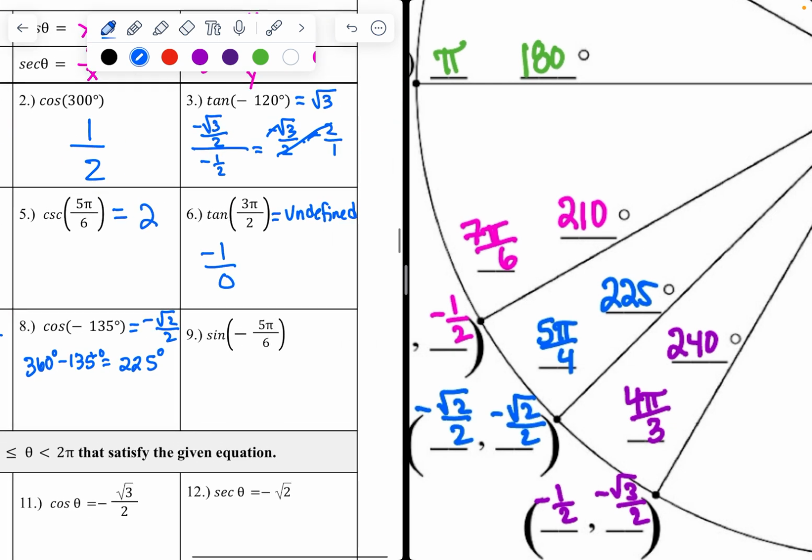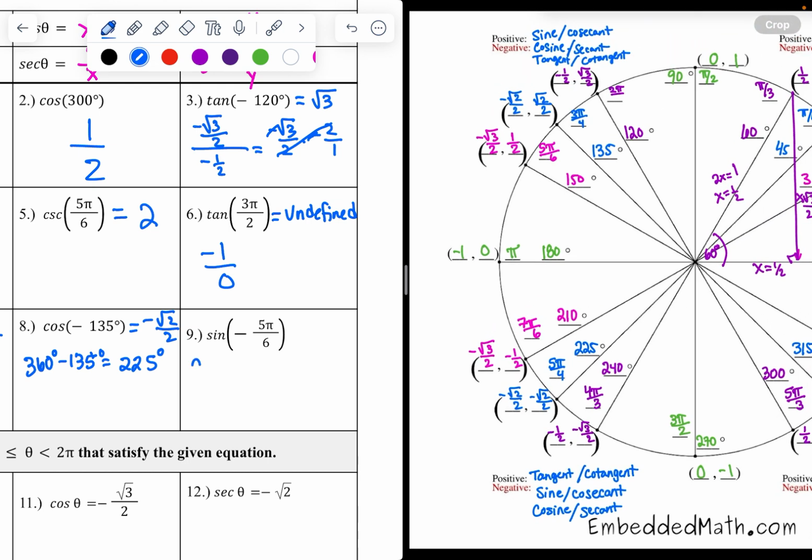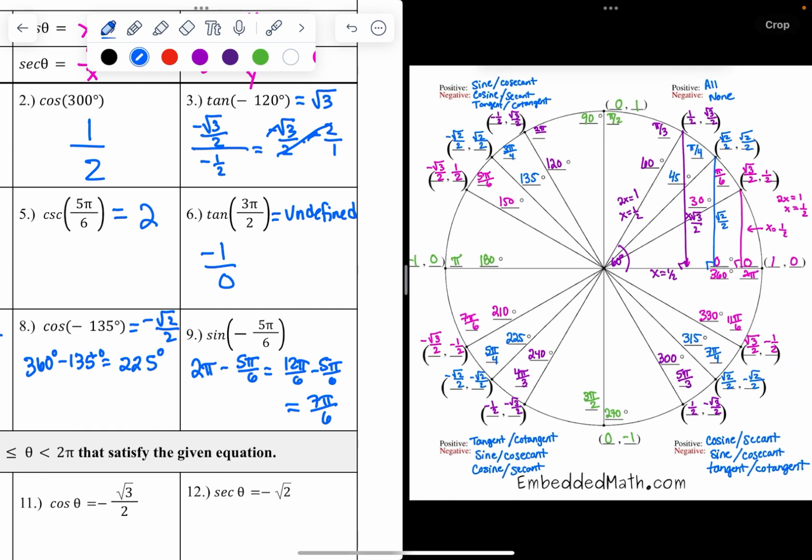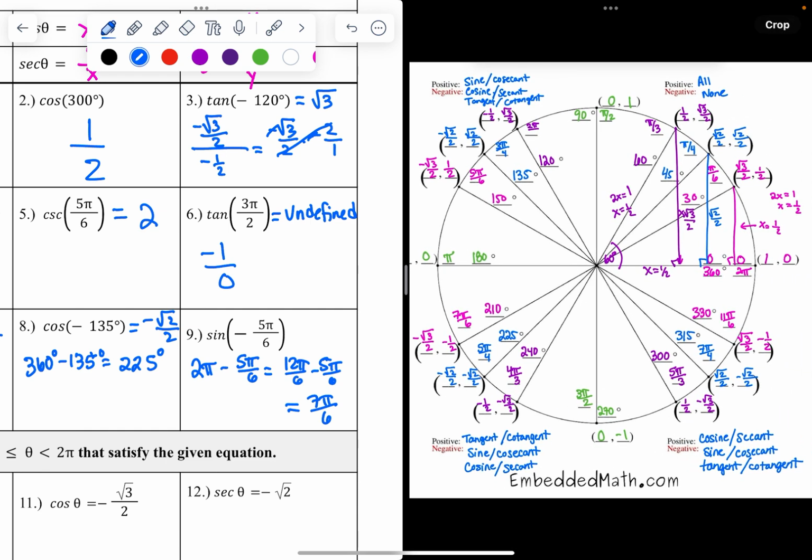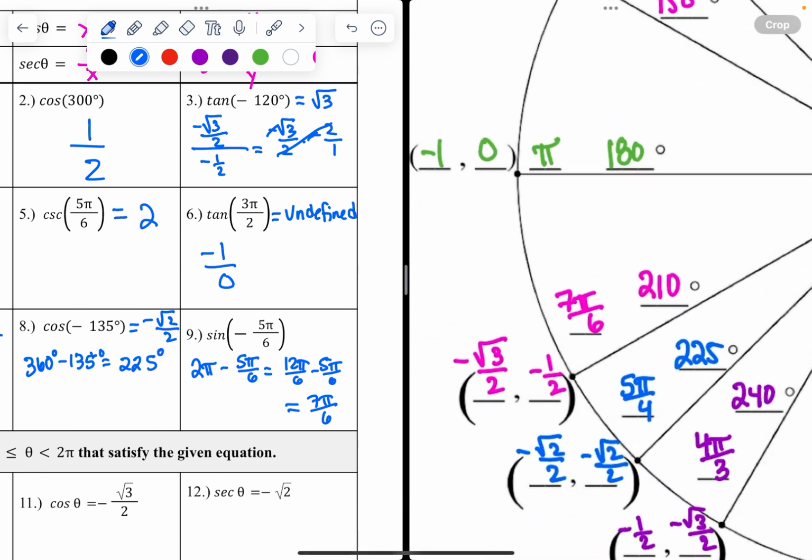All right, negative 5 pi over 6. So if we take 2 pi minus 5 pi over 6, so that's 12 pi over 6 minus 5 pi over 6, we get 7 pi over 6. So if I go to 7 pi over 6 and find the sine, I see that it's negative 1/2.